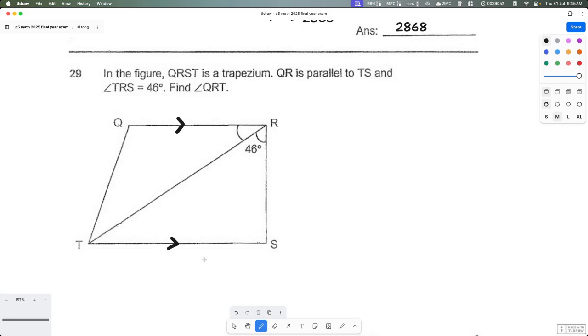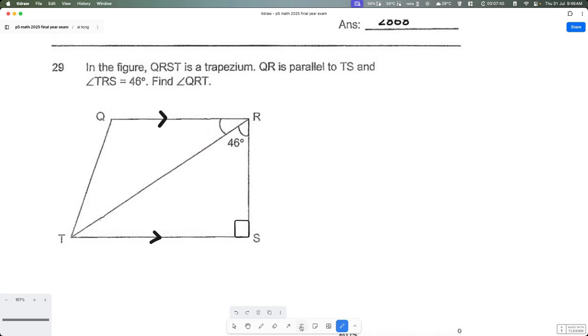So in this case also, here they never put the right angle over here. Okay, so TRS is also a right angle. Okay, so we also know that these two sides over here, this and this, is equal to 180 degrees.